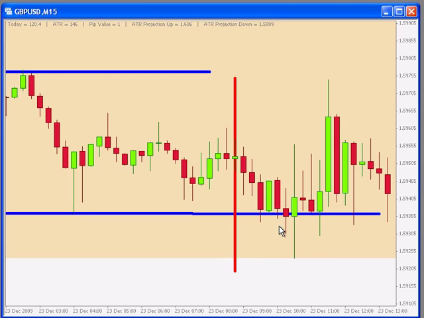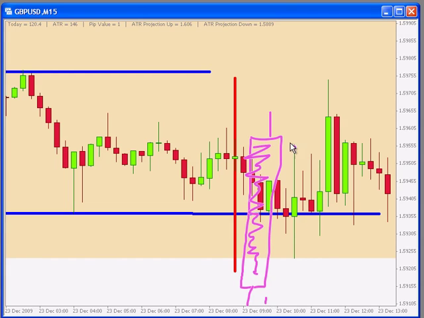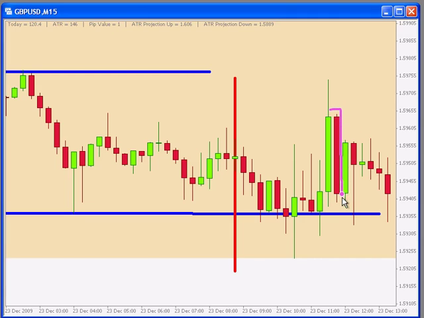Please remember that one of the conditions we wanted to see in order to validate a potential London Open breakout setup was a momentum bar, a full body bar with hardly any wicks, either to the downside or to the upside. Basically, what we want to see is this type of bar, that type of bar. You see that long red bar there? That's what we wanted to see at the breakout point.